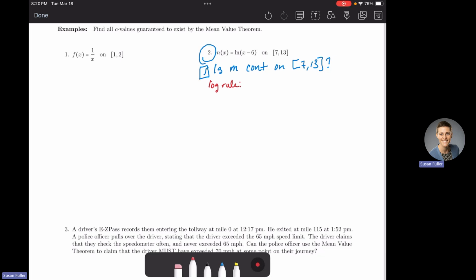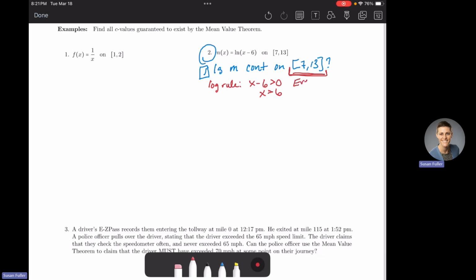And the log rule says that the stuff inside my logarithm, here that's x minus 6, needs to be strictly greater than 0. So as long as x minus 6 is greater than 0, I'm continuous. And so now I'm going to move that 6 to the other side. So I'm going to have that x has to be greater than 6. As long as x is greater than 6, I'm continuous. And notice everywhere in my closed interval from 7 to 13, everything in there is bigger than 6.